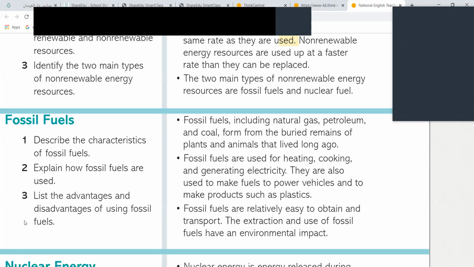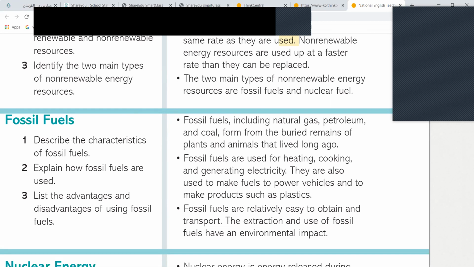You remember how I explained the coal burns, the steam moves the turbine, it generates electricity, and the electricity goes to the whole city. So it's used for heating, cooking, generating electricity. They are also used to make fuels to power vehicles and to make products such as plastics.